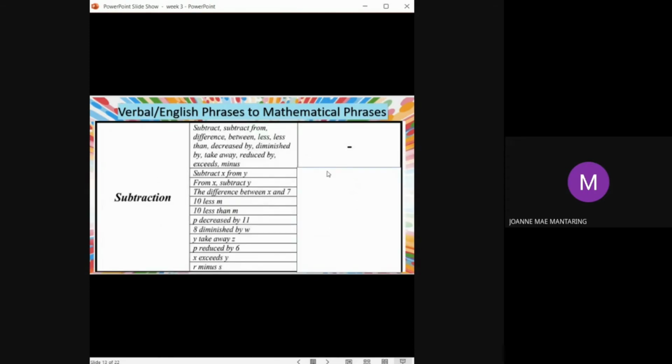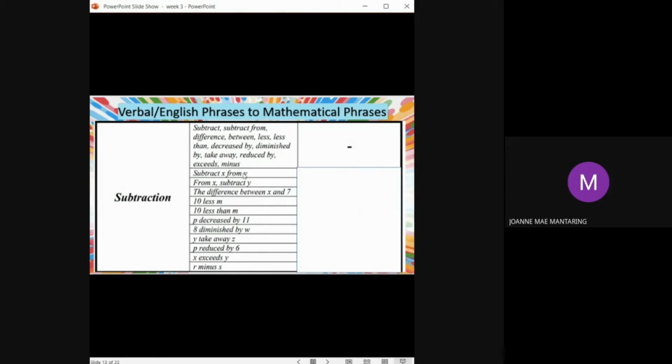Here are the other mathematical or English phrases or English keywords na ginagamit sa subtraction. We have subtract, subtract from, difference, between, less, less than, decrease or decrease by, diminish by, take away, reduce by, exceeds, minus.